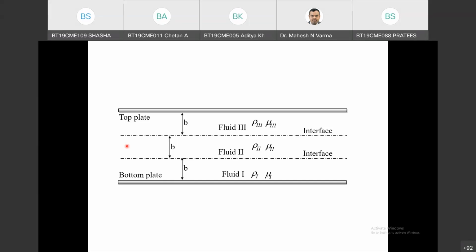How many boundary conditions are needed to solve this problem? Six boundary conditions, sir. Very good, because this is a three-phase problem. For every phase, you will get a second-order differential equation of velocity with respect to coordinate.